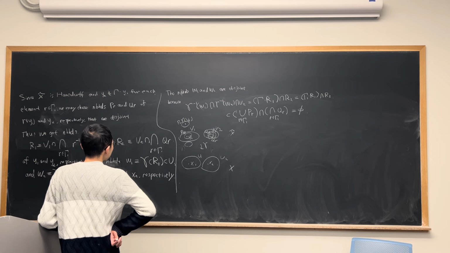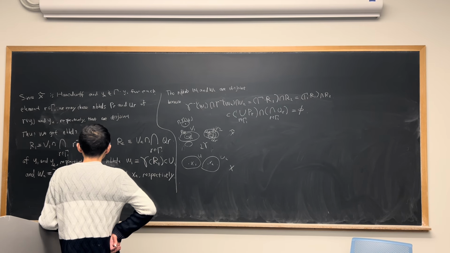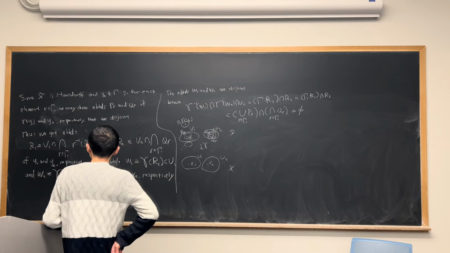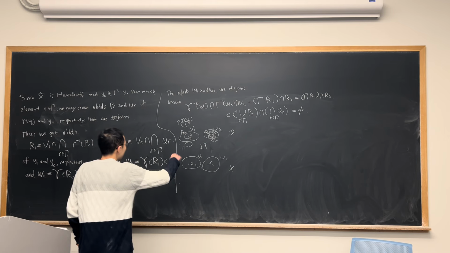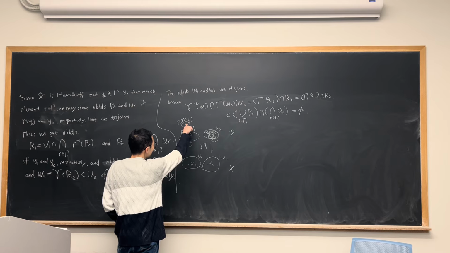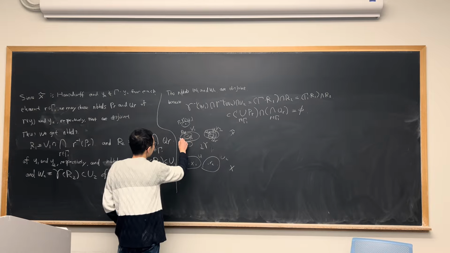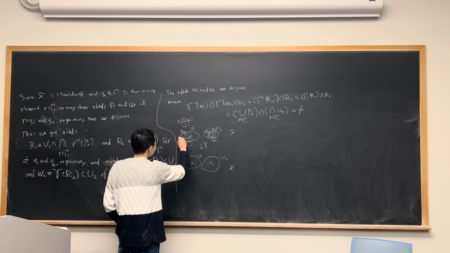So now this R1 is what? This R1 is V1 intersect this. Basically, this is R of y1, then you take the R inverse, and you get, let's say, R inverse of PR here.